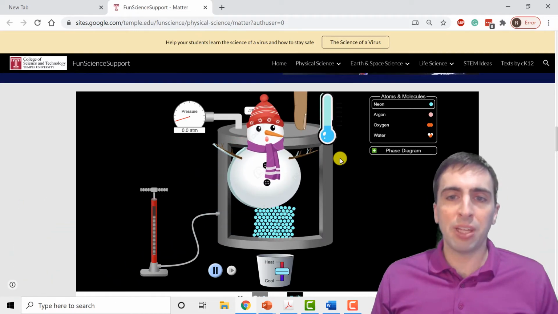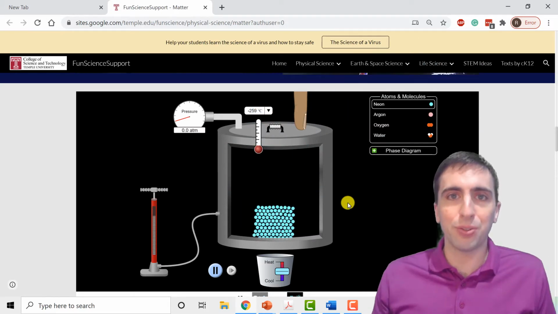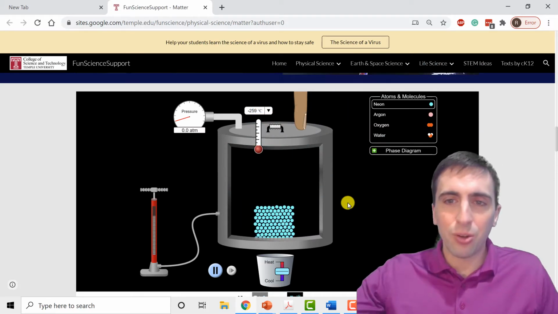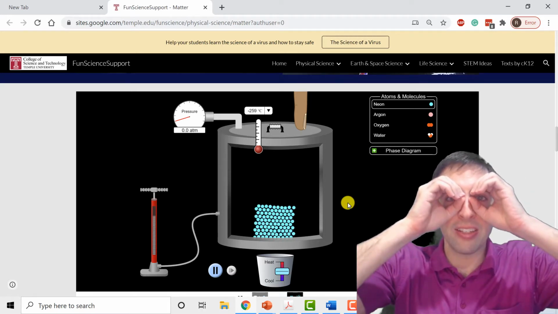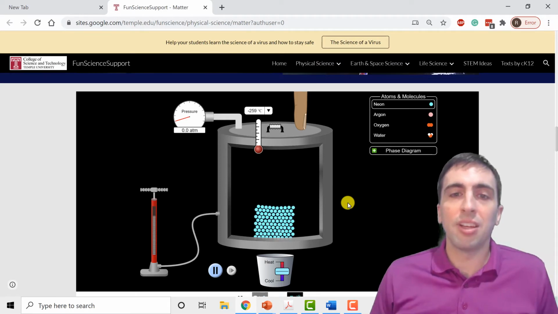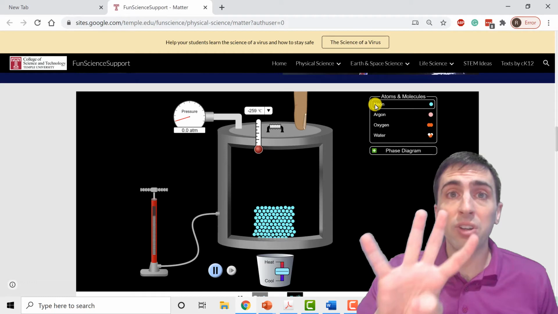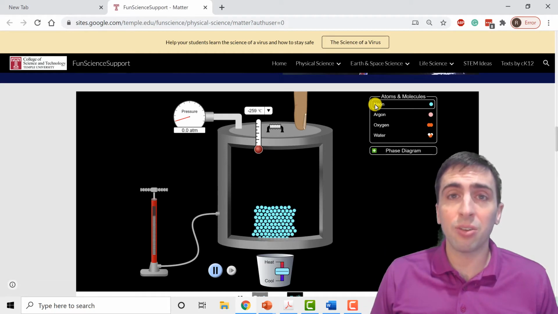You might be looking at this and you're totally confused. What is this? Okay, let's use our eyes and make some observations. So first question, what is this? These are particles. Particles of what? It is neon. We have 4 different substances right here.